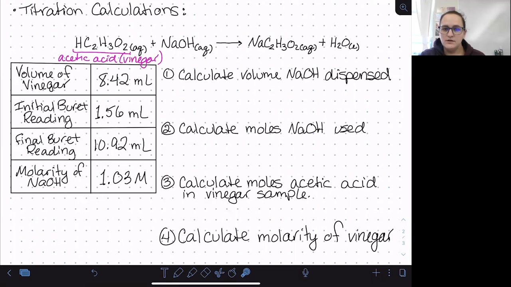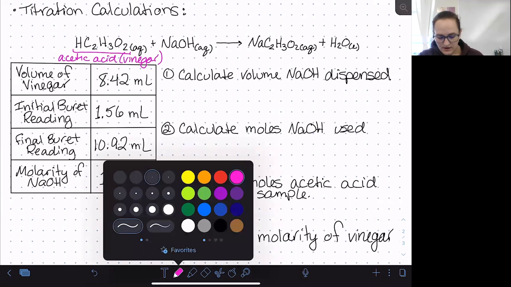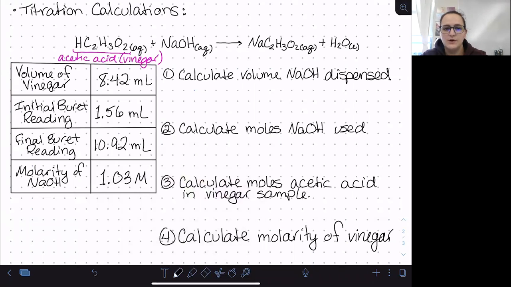So the first thing we need to do is calculate the volume of NaOH that we used. All this is the difference between our final and initial burette readings. This is where our liquid level was when we started. This was where it was when we ended. So the amount that we let flow into our flask is the difference between these two values.